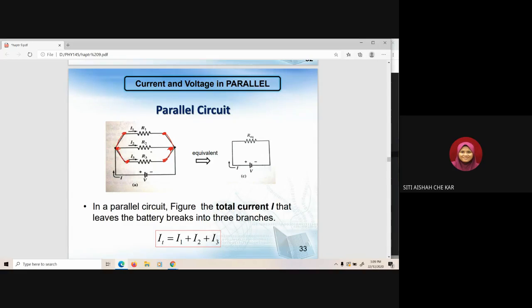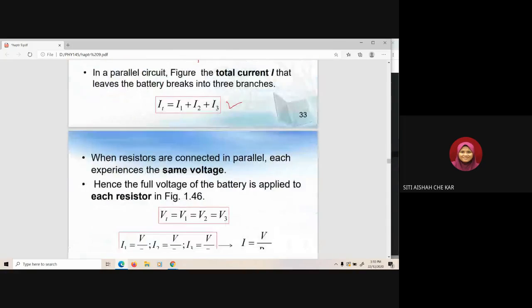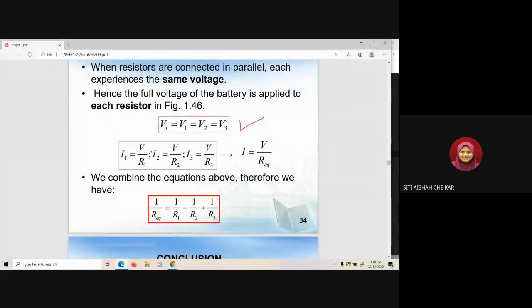Okay, for parallel circuit, the current total is I1 plus I2 plus I3. But the voltage V3, V2 and V1 is equal. So V equals V total equals V1 equals V2 equals V3.